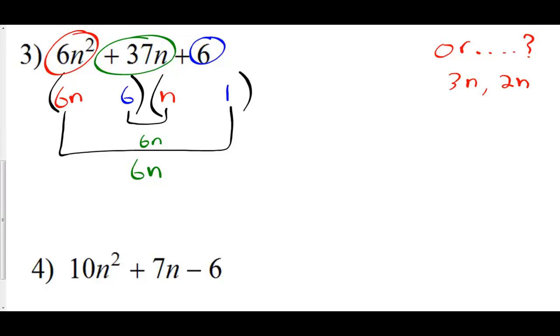That adds to 12n, subtracts to 0, doesn't work, so I'm swapping my 1 with my 6. I now have on the outside 36n and on the inside 1n. 36n and 1n is 37n, so as long as they're both positive, we are good. So that's really kind of where we're at, okay?